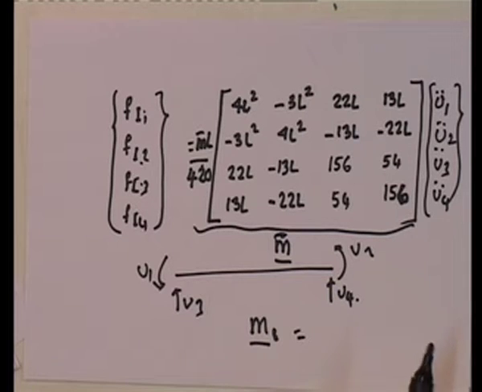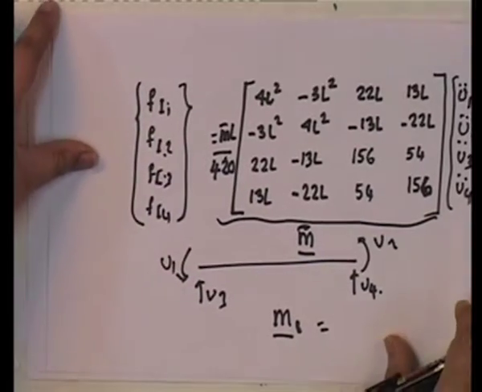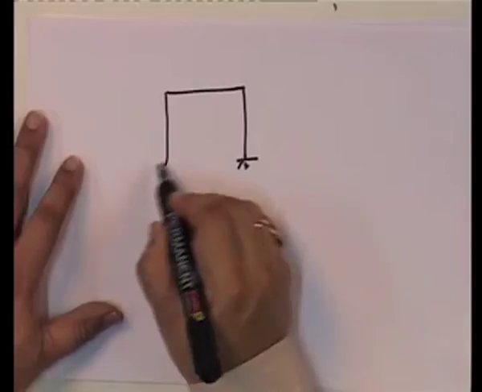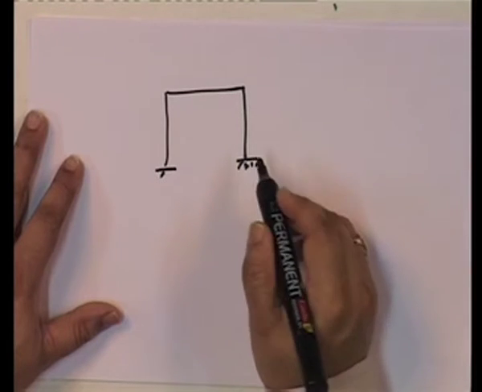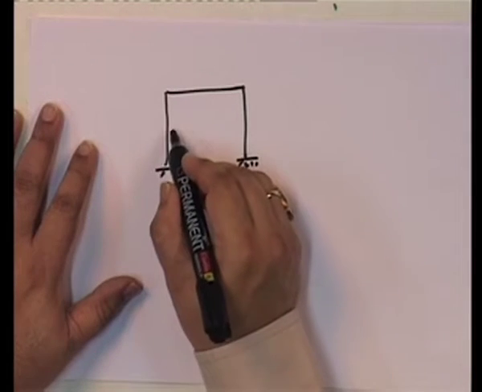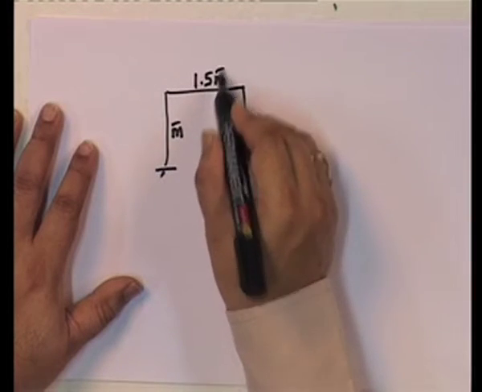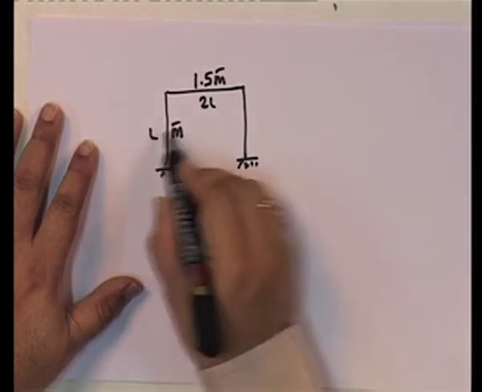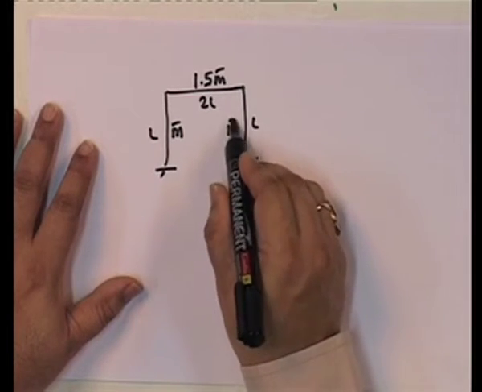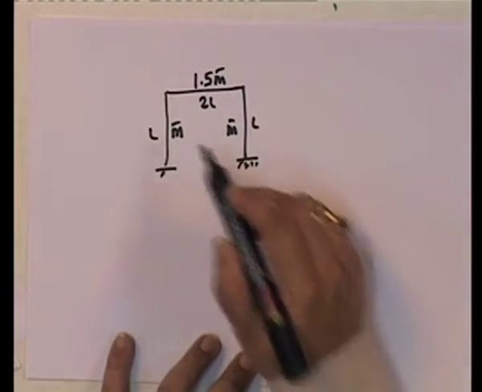So, if we go back to the problem that we have looked at and use this consistent mass formulation, I want to go back to that same problem. If I look at this problem, we say that this is m bar, this is 1.5 m bar, this is 2L, this is L. So, all I am saying is that this one has 1.5 times the mass.